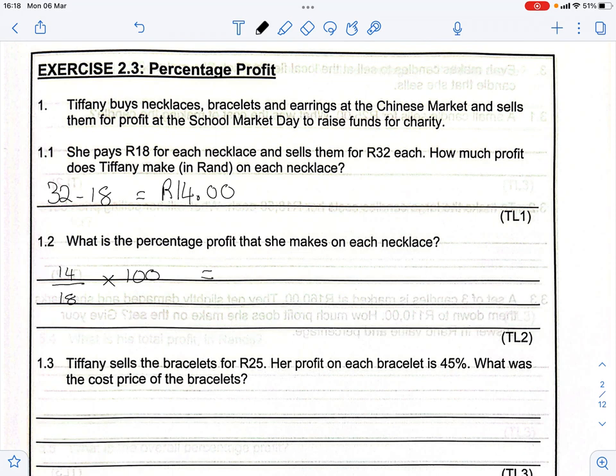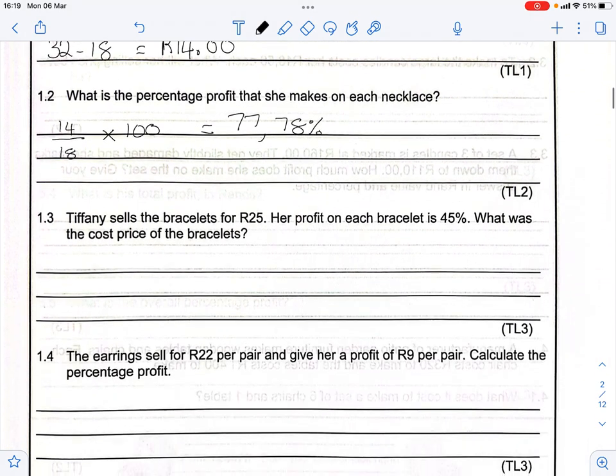I'm just doing it on a calculator. 77.78%, and that is our profit markup, or percentage profit rather.